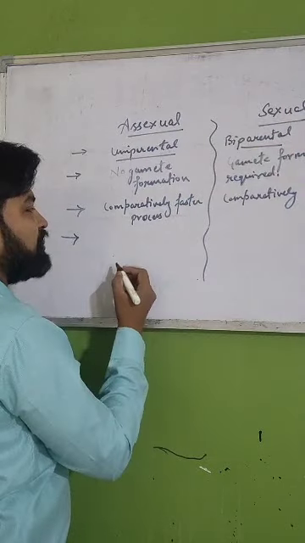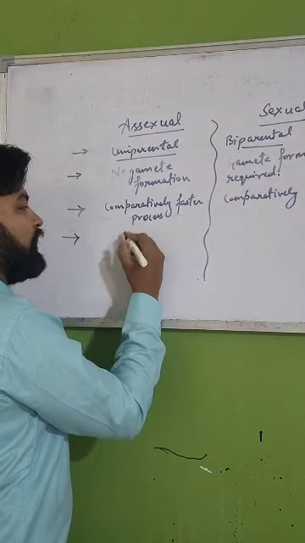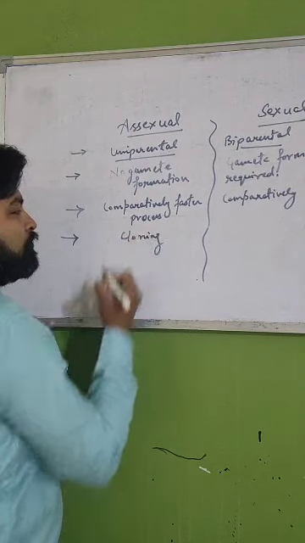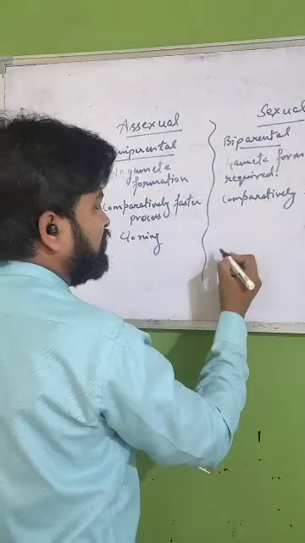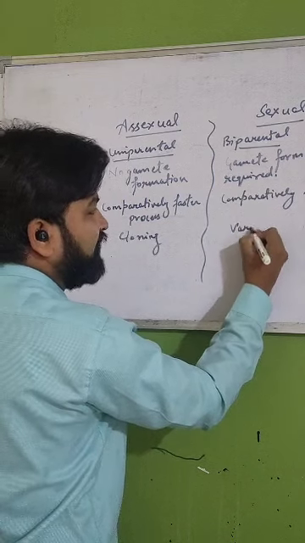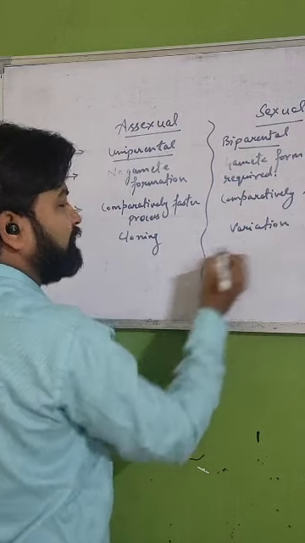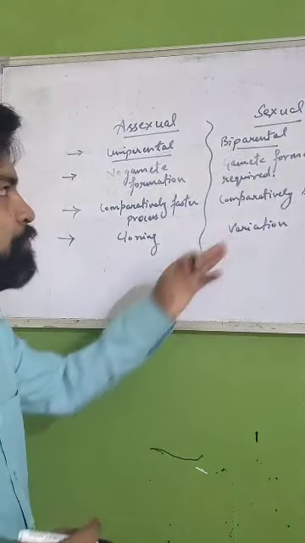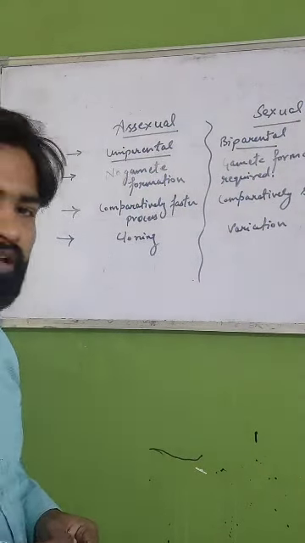So in place of variation, we can observe cloning over here. And in case of sexual reproduction, variation can be seen, and variation is one of the major properties of sexual reproduction.